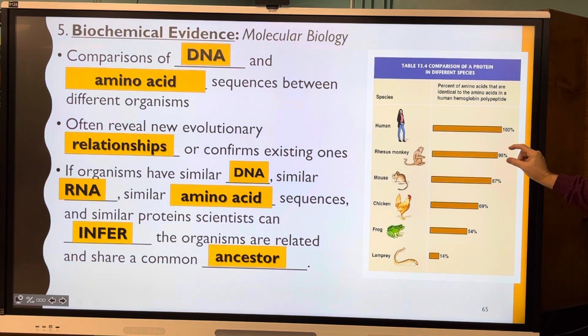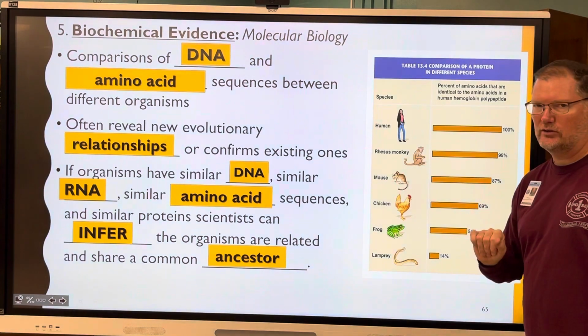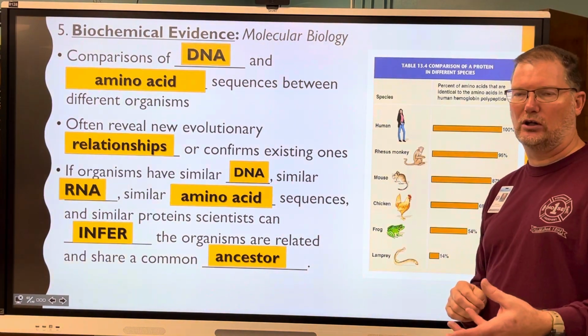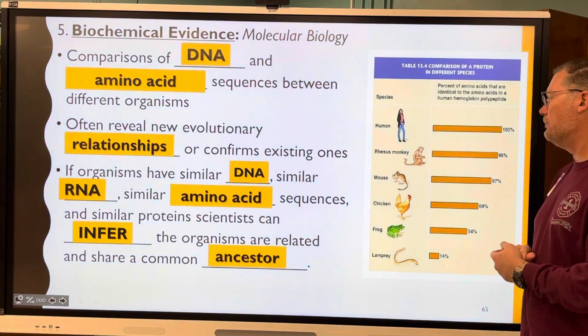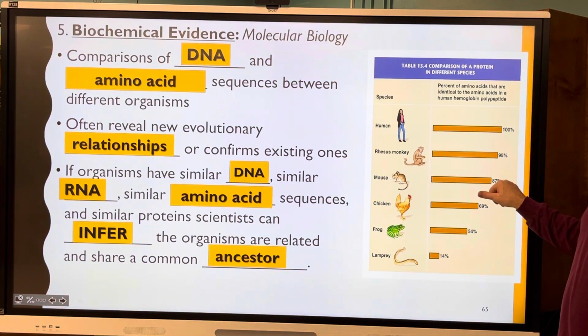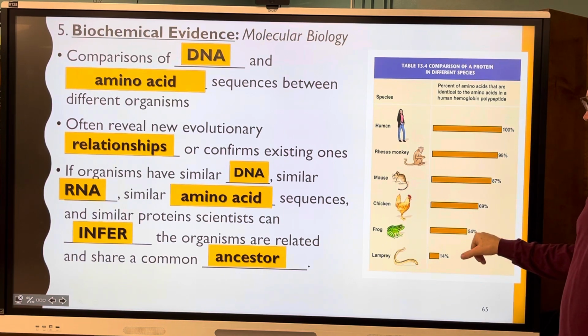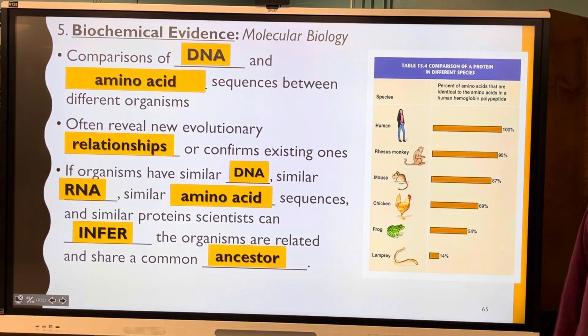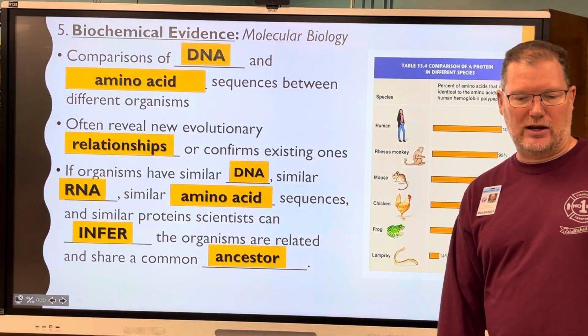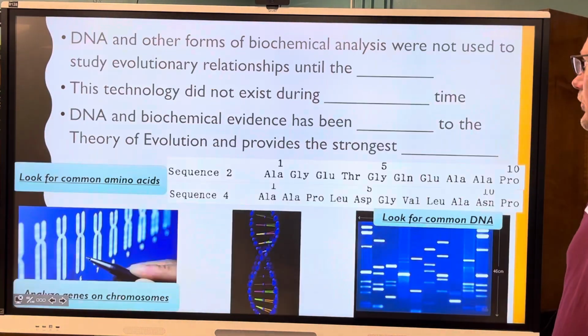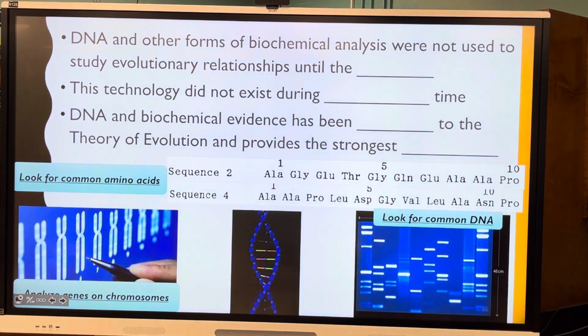We have 95% with a rhesus monkey. Monkeys have tails, apes don't. So if you see a chimpanzee or a gorilla, don't call it a monkey, please. Mice, we share 87%, 69% with chickens, 54% with frogs, and 14% with lampreys, which are a weird kind of fish that doesn't have a jaw. Jawless fish.